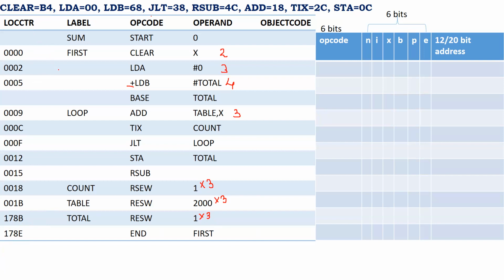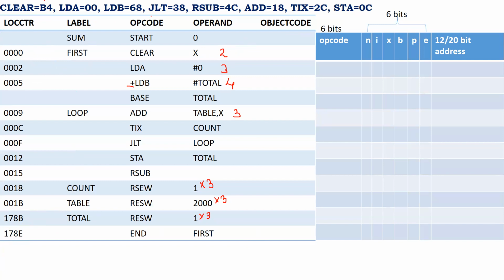Now let us write the object code. To write the object code, we need to know the instruction format. Initially, we have the index register X for this instruction, which is format 2, so we can directly write the object code here.